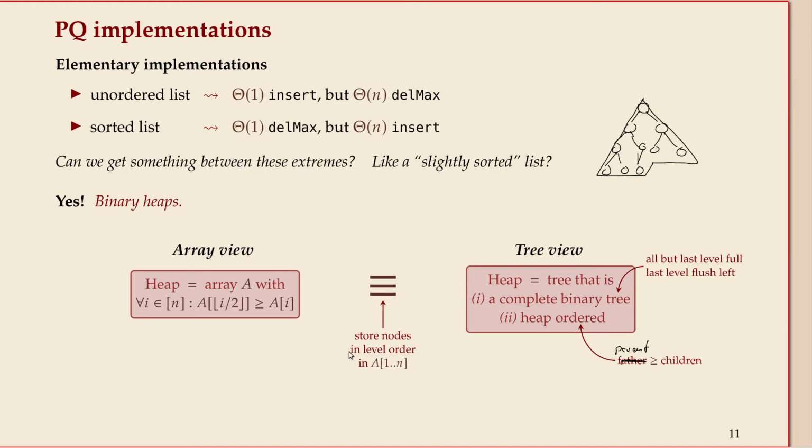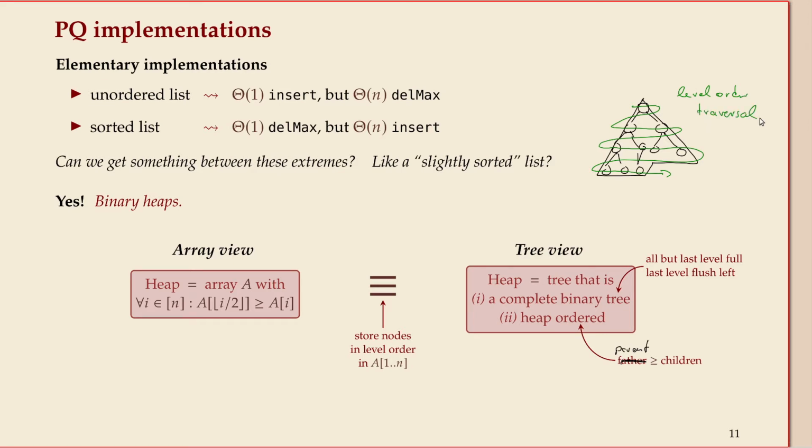We can store such a tree conveniently in an array because it has this very specific shape. And what you do for that is you essentially walk through the tree in this way, level by level. Sometimes called level order traversal.